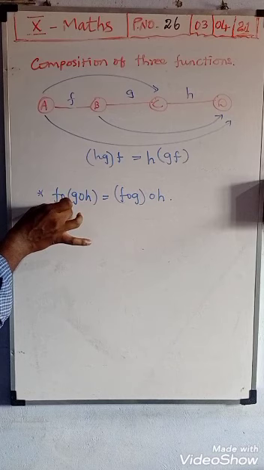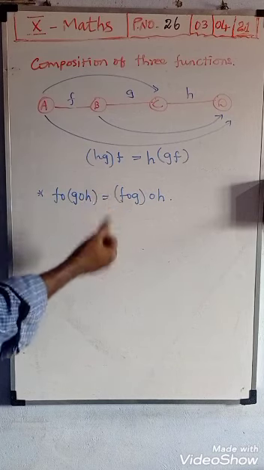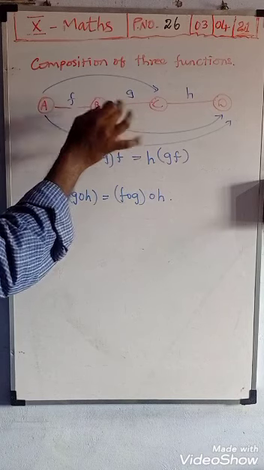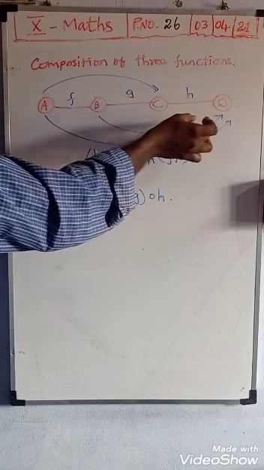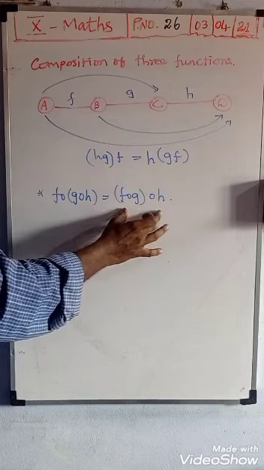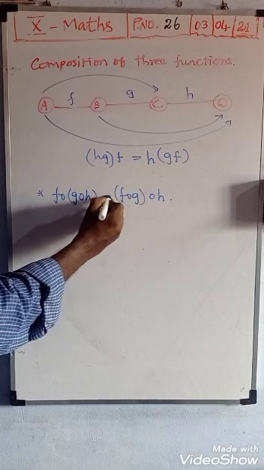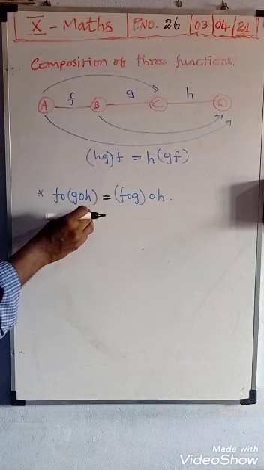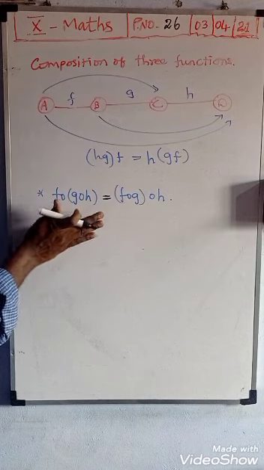Or else, first we compose these two, f composition g, finding that, after that you compose with h. Both the values will be equal. Okay, so f composition (g composition h) is equal to (f composition g) composition h. Okay, this is composition of three functions.